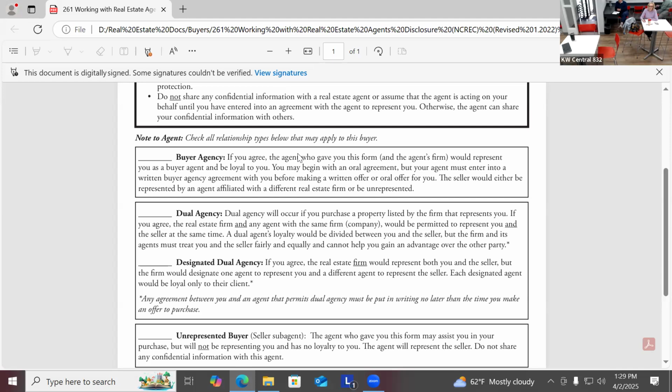And then we want to check designated dual, because we practice designated dual agency. Your buyer might. Dual is so that I can show a Keller Williams listing, designated so that we go into designated agency. Dual is so I can show my own listing. No, dual is so you can show any listing in the firm.